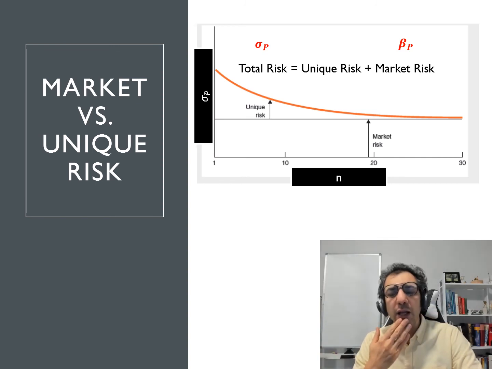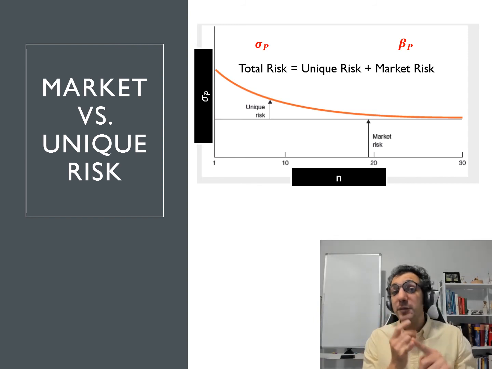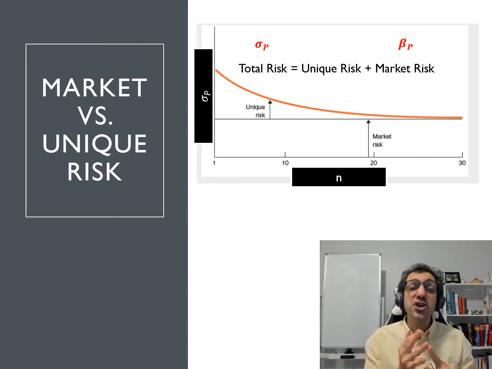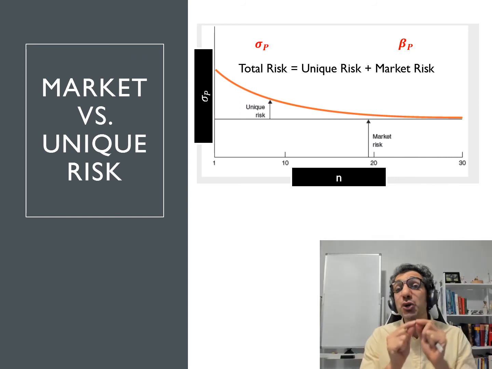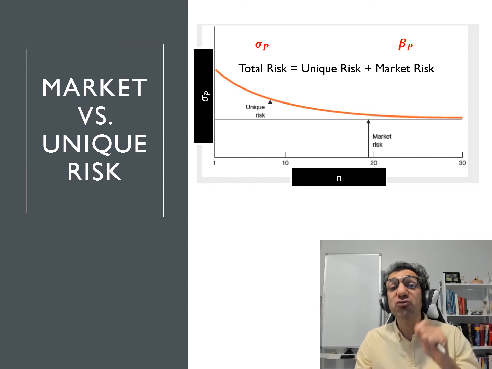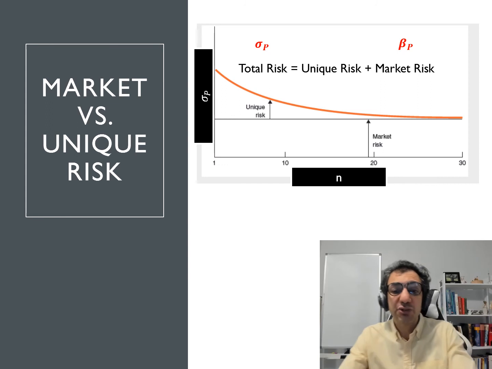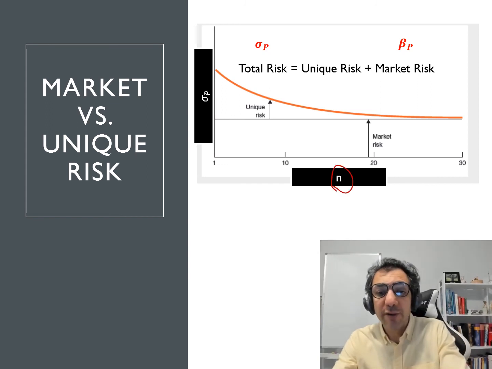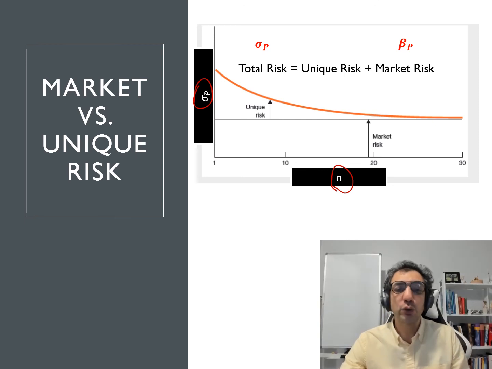Maybe you say, Ali, what are the differences between the unique risk and the market risk? The unique risk, which is also called the firm-specific risk or diversifiable risk, is the risk which you can get rid of by adding more assets to your portfolio. Now, let's look at this graph. It's showing the number of assets in your portfolio, and the vertical axis showing your standard deviation or total risk.